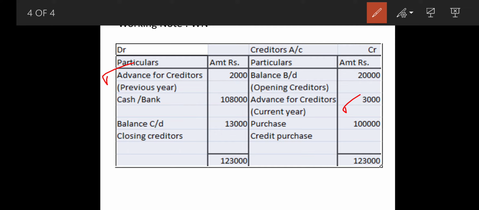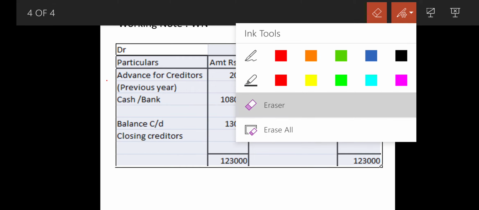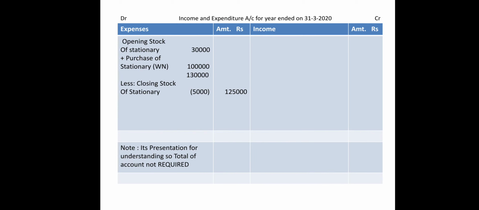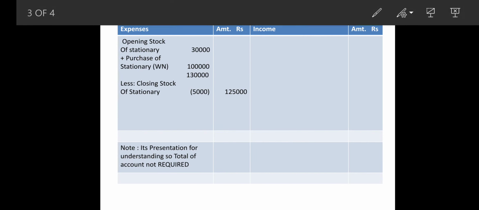So whatever difference you finally get is your purchases, and they will be termed as credit purchase, or you can say normal purchase, since there is no cash purchase, so we treat it as a purchase only. So 1 lakh rupees.